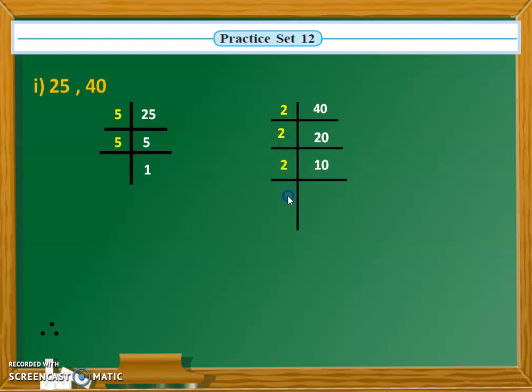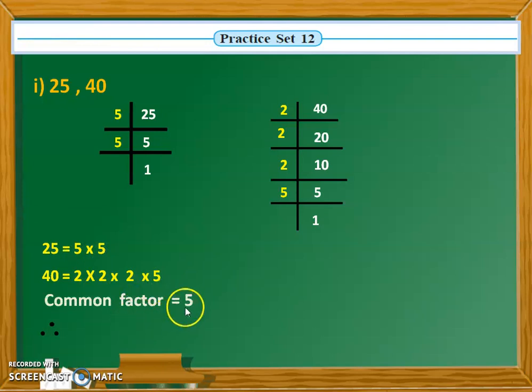So here we will get the factors of 40. Now here these are the factors of 25 and 40. So what is the next step? We are going to list them together this way, and find what is common among them. As we can see, we are getting only 5 common, this and this. So the common factor is 5 only.